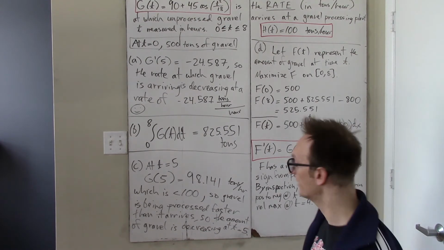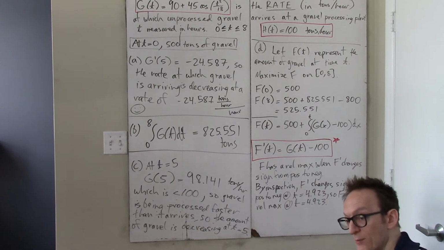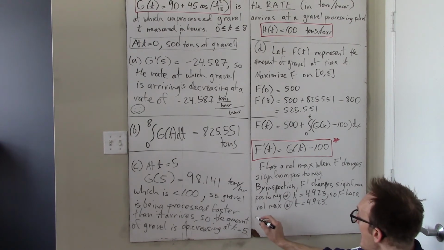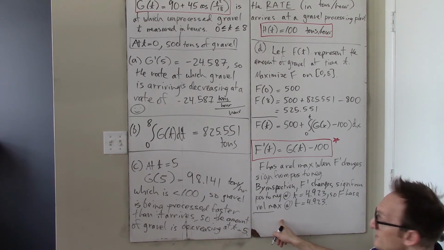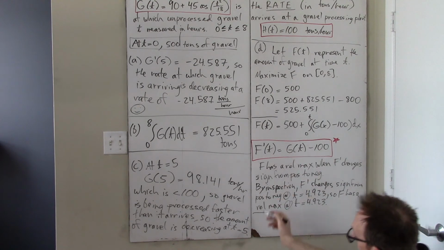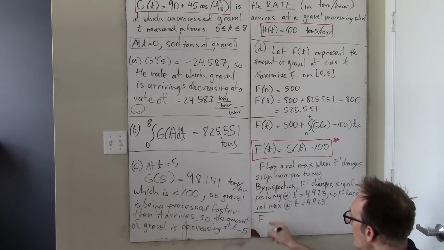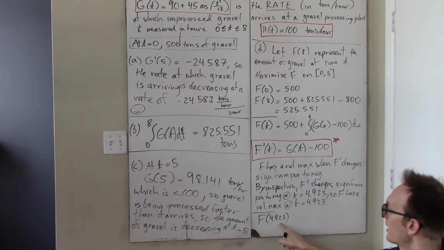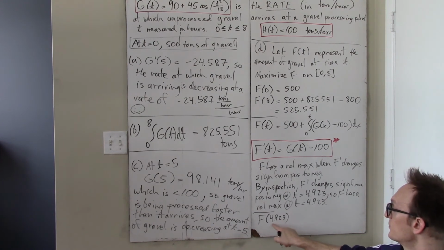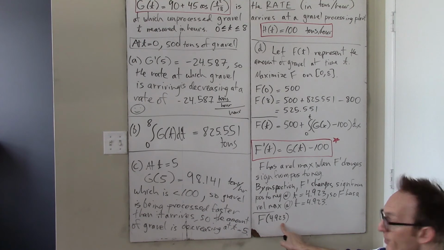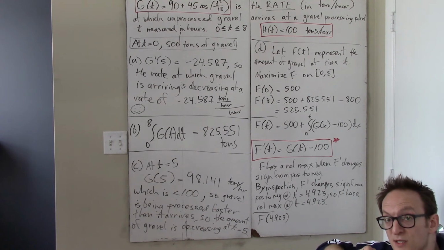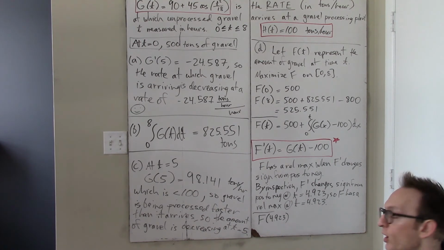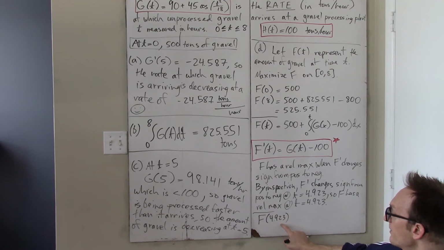And finally, common sense says that relative max is going to be the absolute max, but the simplest thing to do is to just compute it in any way you have to. So what is f of 4.923? Notice that when I write it on my paper, I round to 3 decimal places, but when I used technology, I was using the stored value up to all the decimal places that were there on the calculator.